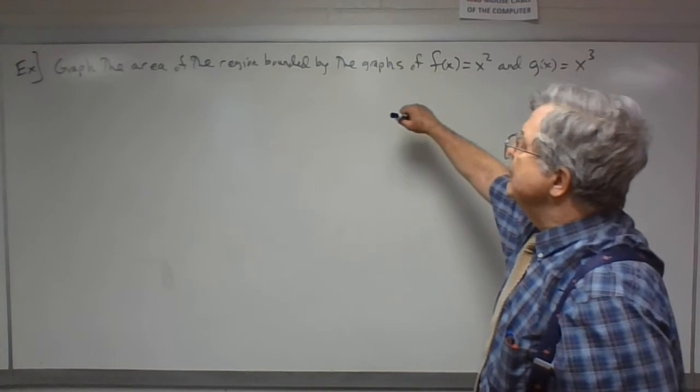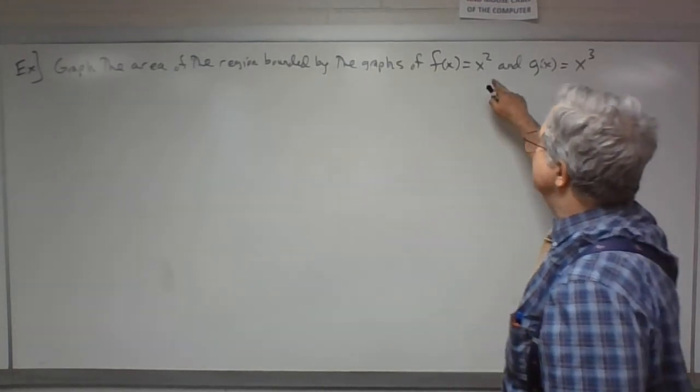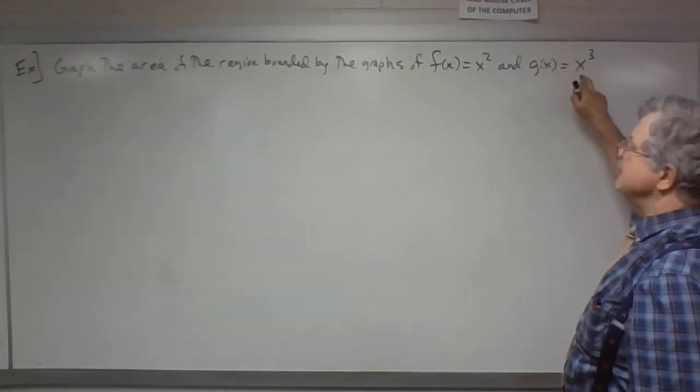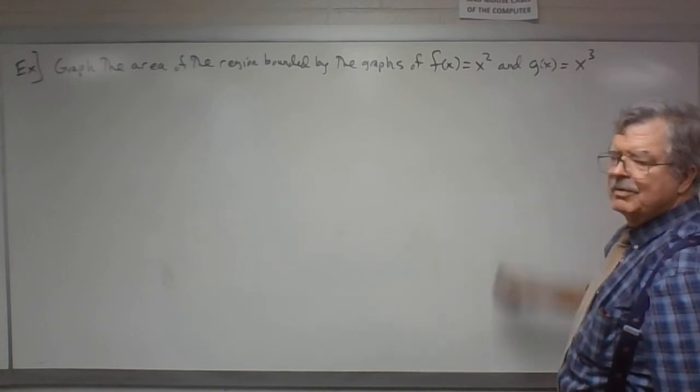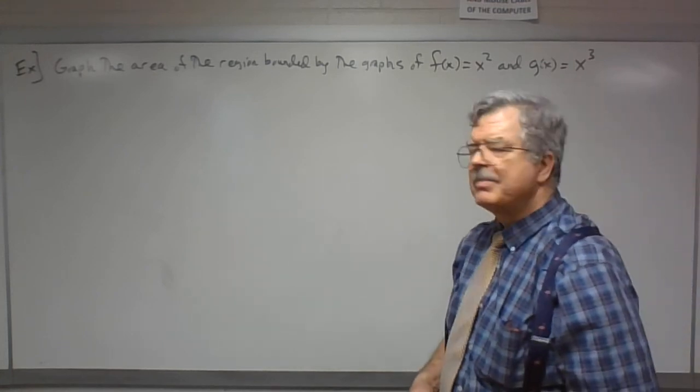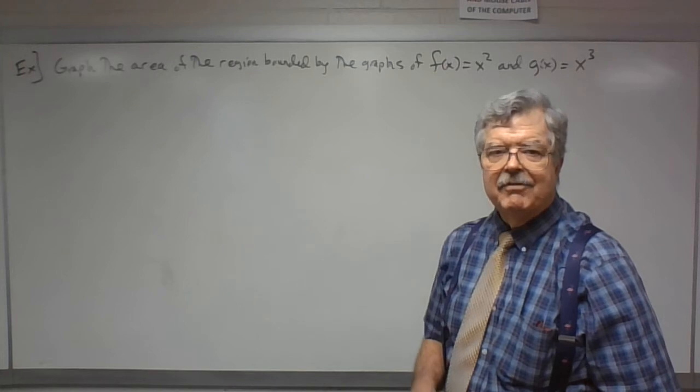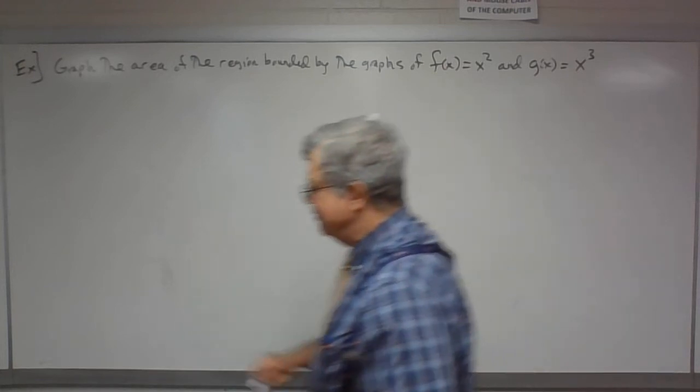Graph the area of the region bounded by the graphs of f of x equal x squared and g of x equal x cubed. Okay, first thing we do, graph the region.